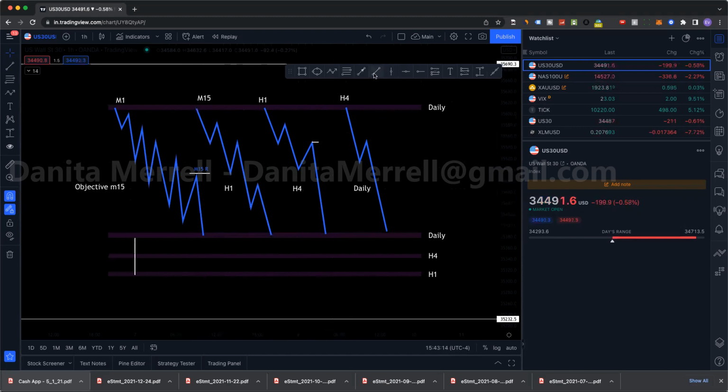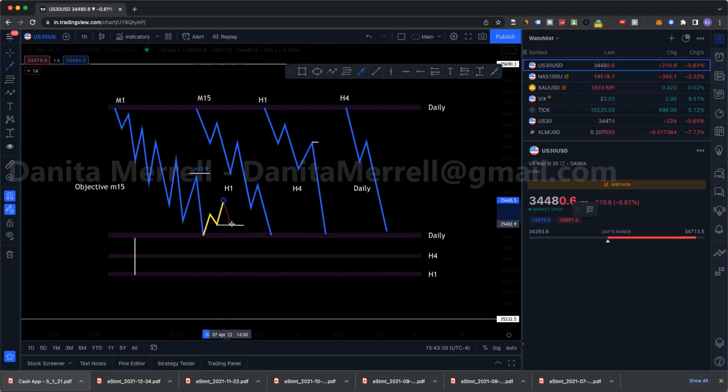Now, let's say that after M1, we have like an H1 level like this right here. Okay, so this yellow is H1. And we're coming from H1 to H1, right? H1 to H1. When price travels back here, what are we monitoring?